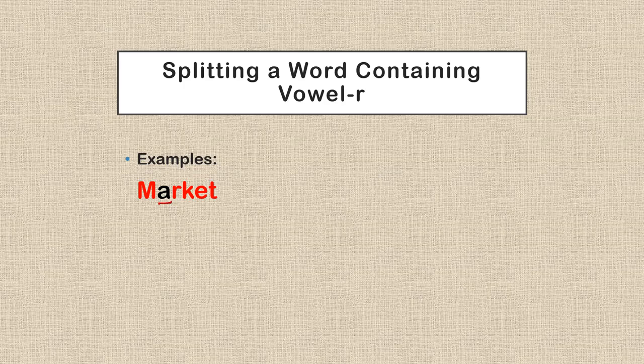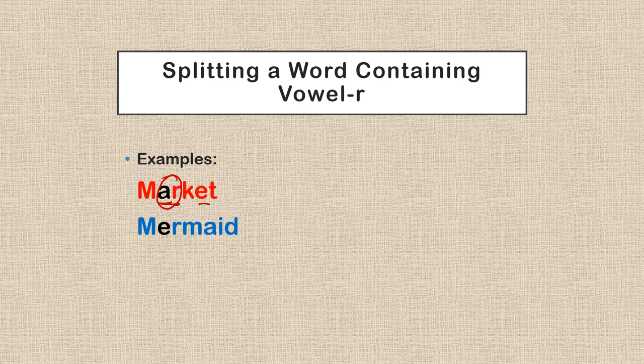Though we have another vowel here, as a rule we have to underline all the vowels, but here I'm focusing more on the vowel that is followed by the letter R. As per the rule, we don't need to split the letter A and R because together they make one vowel sound. Therefore, A and R should not be split apart.